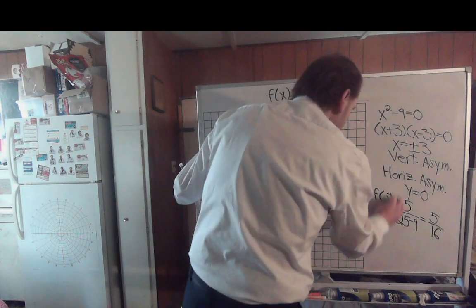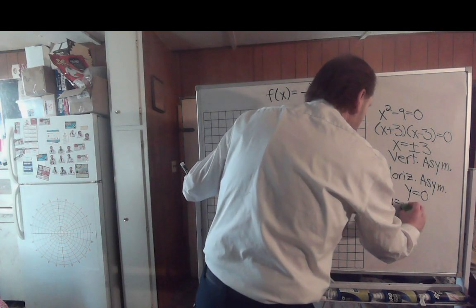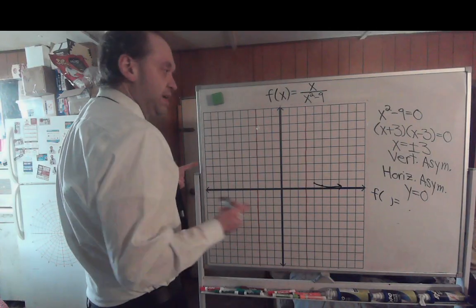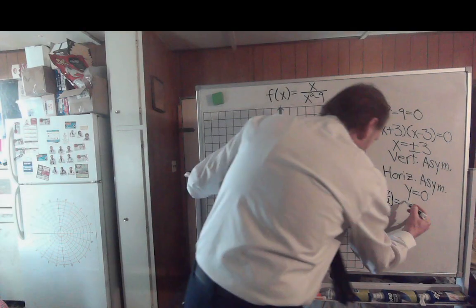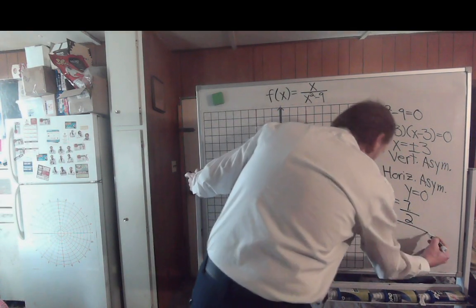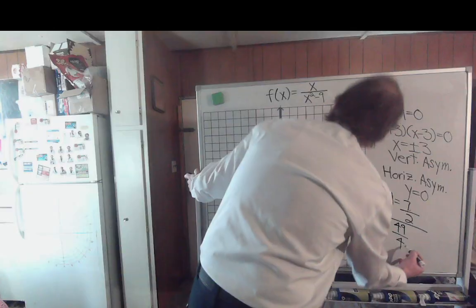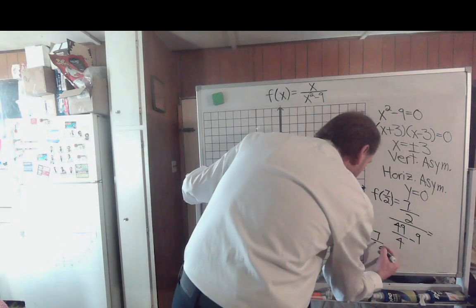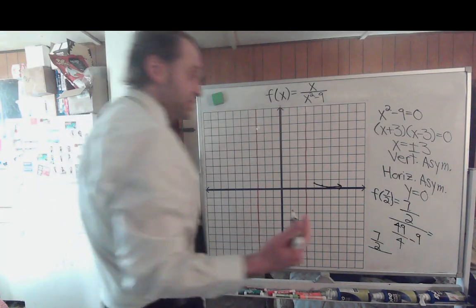Now, why don't we this time go in between 3 and 4? So 3.5, which is going to be 7/2. So let's take f of 7/2. That's going to equal 7/2 all over 49/4 minus 9. Well, what is 9 in terms of fourths? That's 36/4.